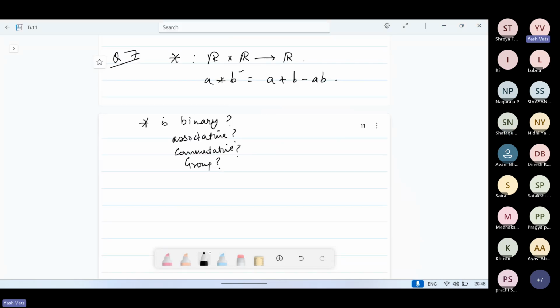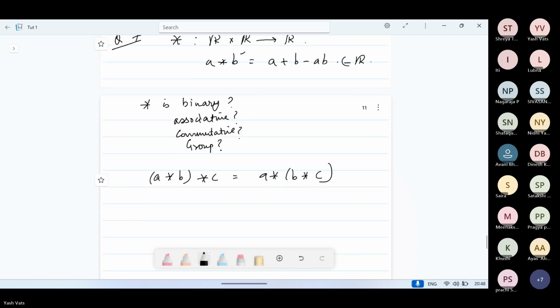Yes, so let's discuss this one. Star is a binary operation, that is very clear because A star B is in R. Another thing is associativity. How do you check that? It means that (A star B) star C should be the same as A star (B star C).